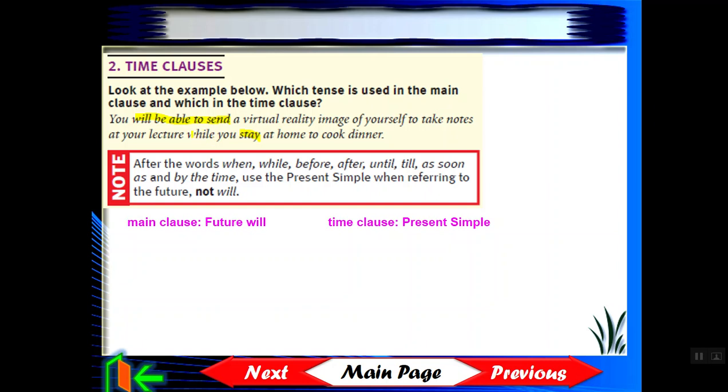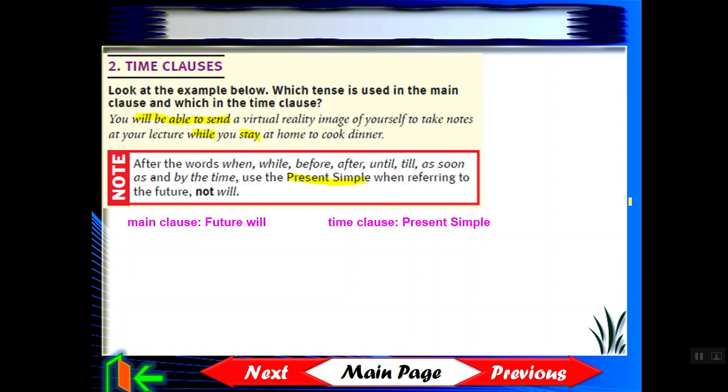Can you see the word while here? After while, there is the present simple stay. So that's why we use the present simple after these words when, while, before, after. The other sentence should be in the future. So the conclusion of this: in the main clause you use future will, and in the time clause you use present simple, like the verb stay.